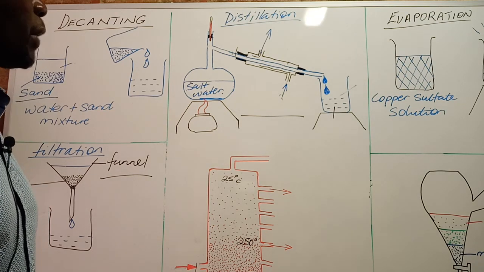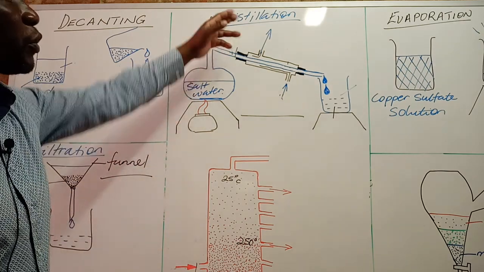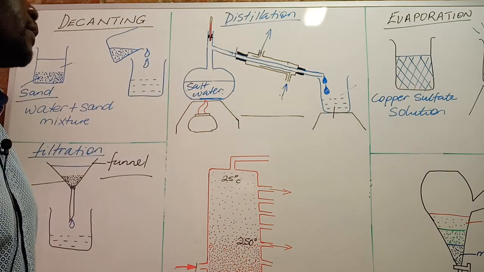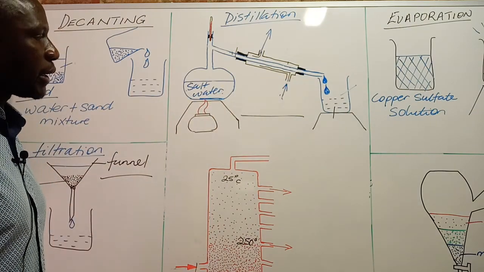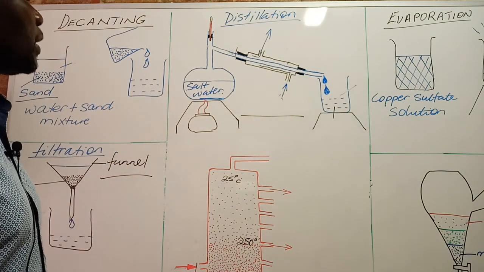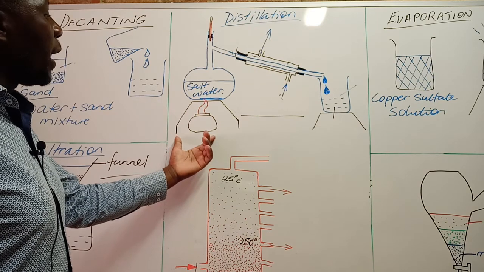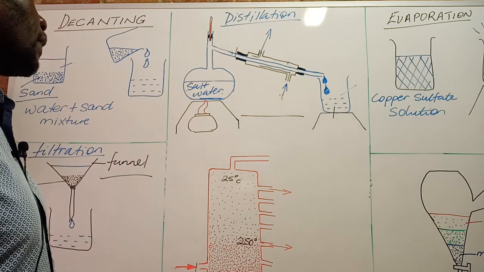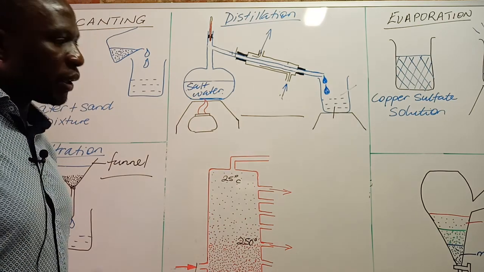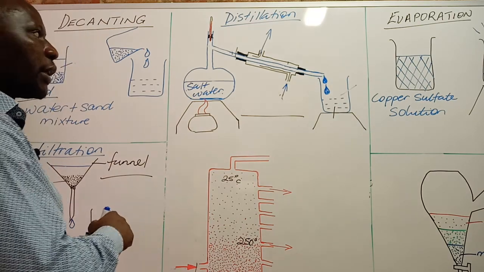Now we want to separate the two, so we employ a method that is called distillation. And this is a distillation apparatus setup. What happens is we apply fire to the solution, and this solution will reach a boiling point.